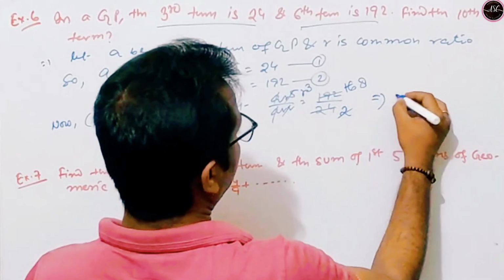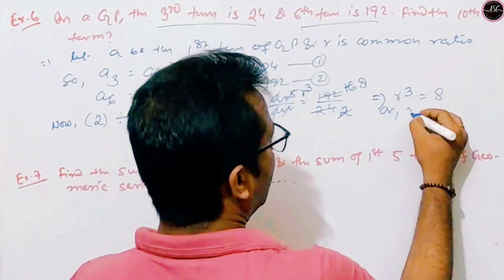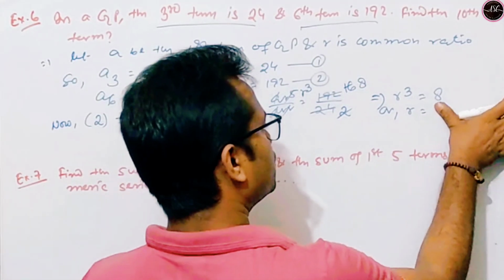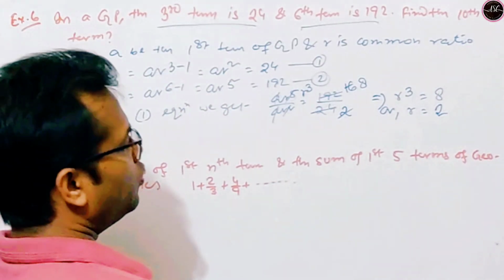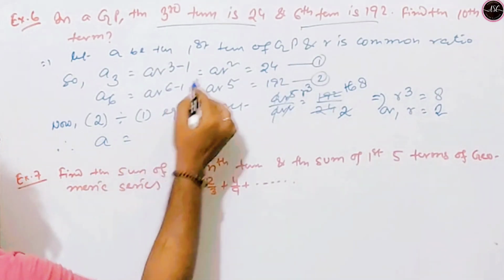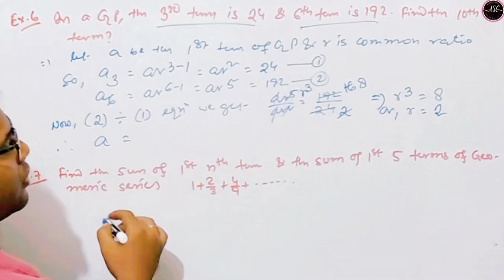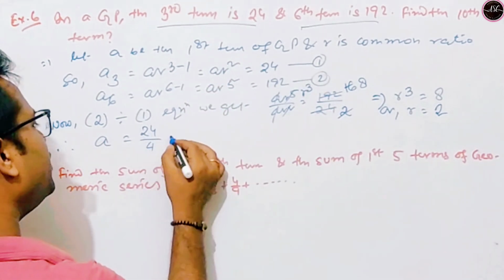So r cubed equals 8, or r equals 2. Okay, so we get r. So if we put the value of r here, we get a equal to 24 divided by r squared, which is 4, that means 6.